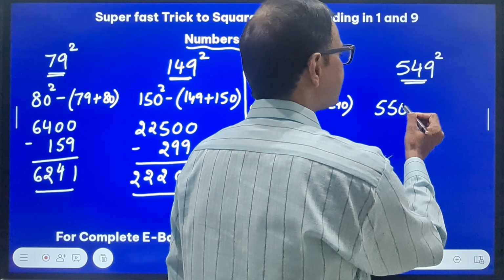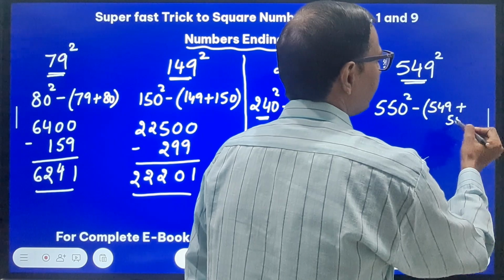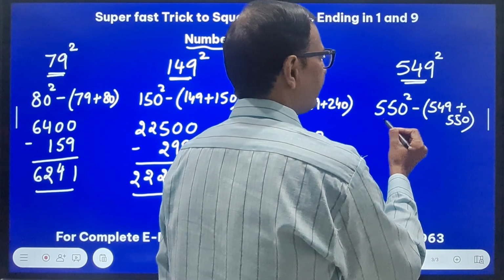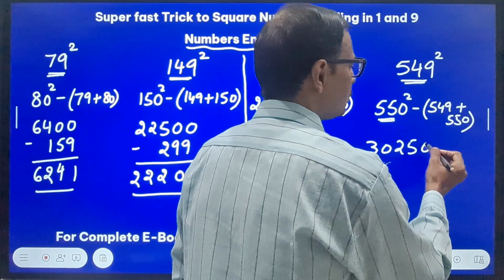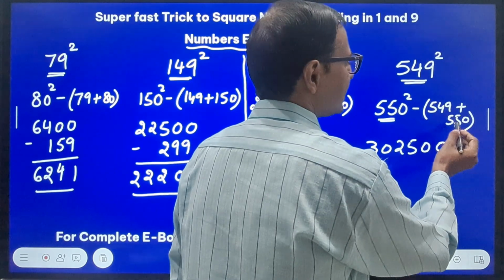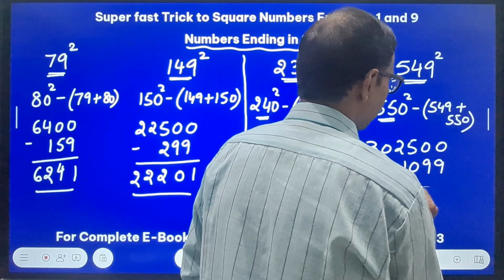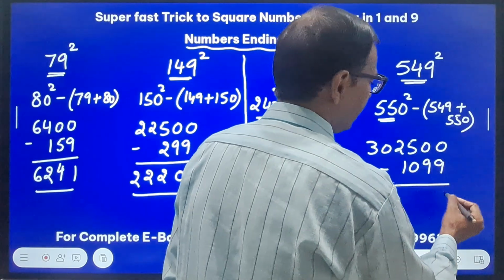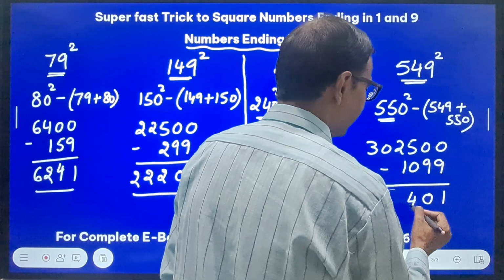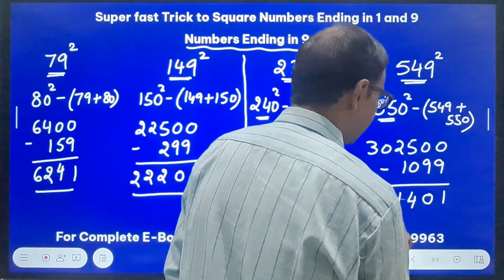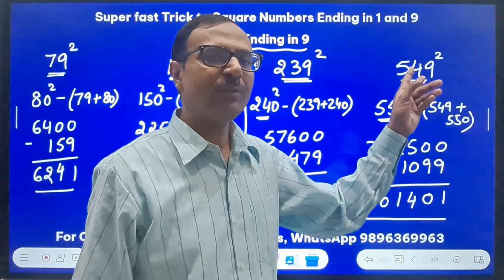So I'll do 550 square and subtract 549 plus 550 from this. So square of 55, 5 6s are 30 and 25 followed by 2 zeros, and subtract, this is 1100, so 1099 from the result. So 10 minus 9, 1, 9 minus 9, 0. So this becomes 4 and this becomes 103. 301401 is the square of 549.